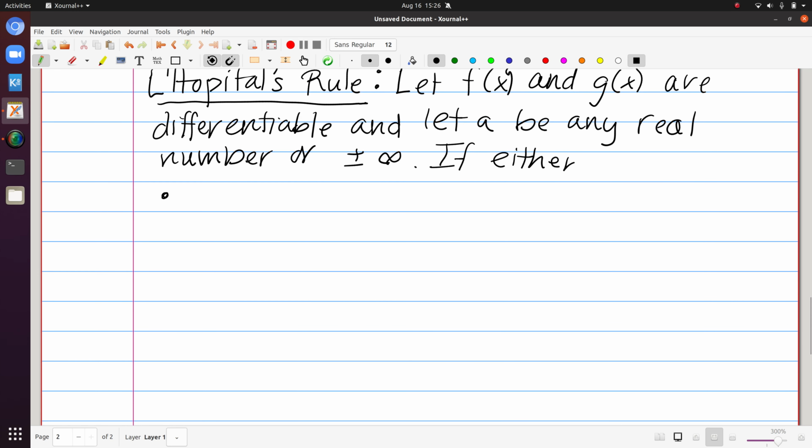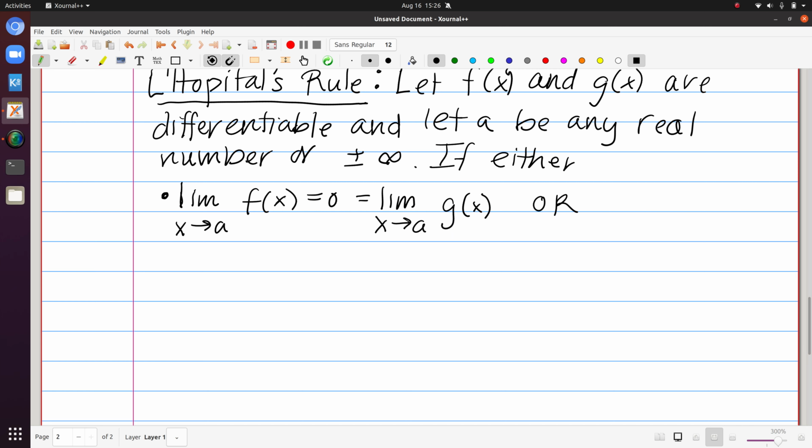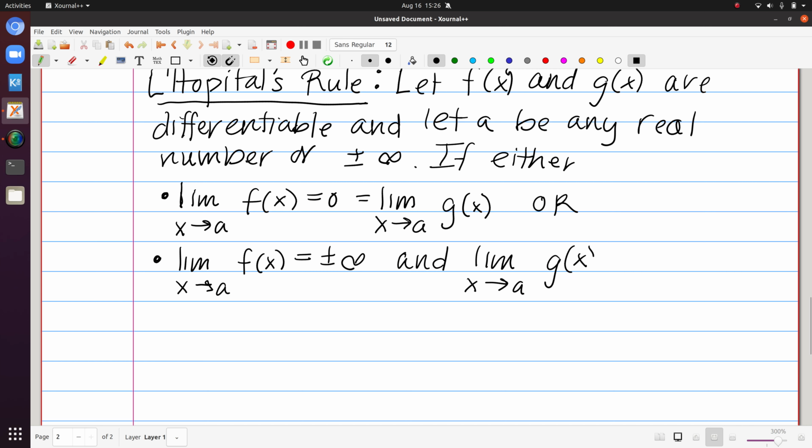So we're going to say here, if either the limit as x approaches a of f of x equals 0, which equals the limit as x approaches a of g of x, or the limit as x approaches a of f of x is plus or minus infinity, and likewise the limit as x approaches a of g of x is plus or minus infinity.